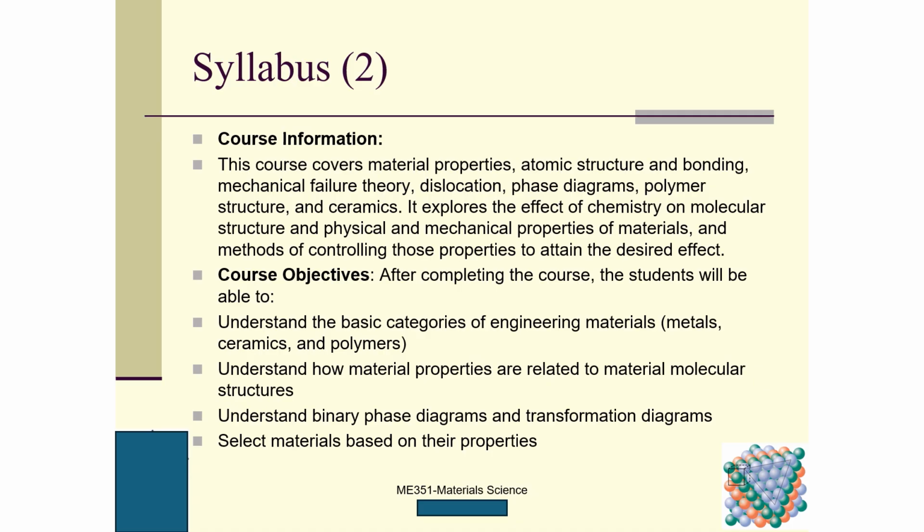And students should be able to understand how material properties are related to material molecular structures. The students should understand binary phase diagrams and transformation diagrams. And students should be able to select materials based on their properties.